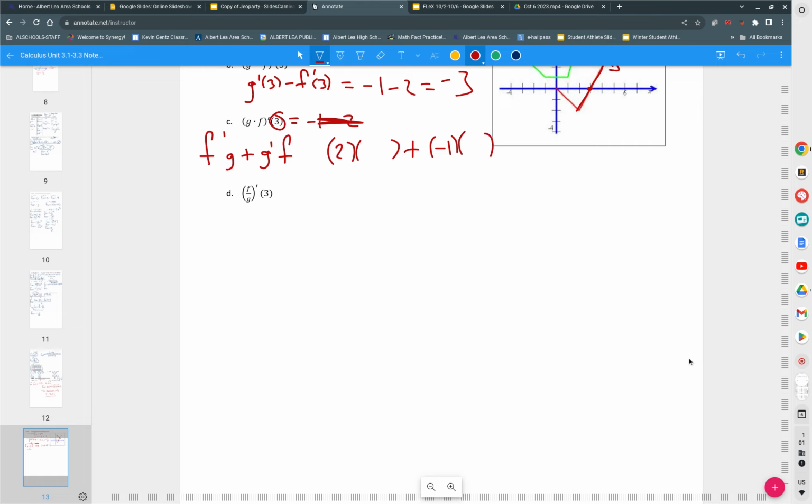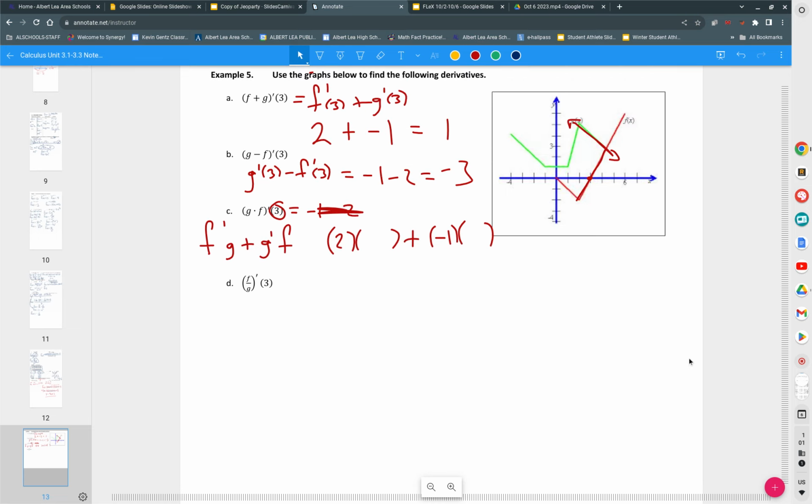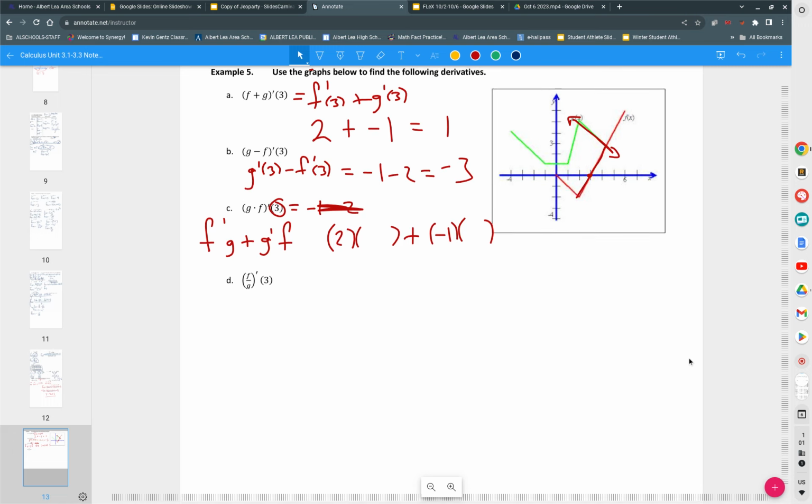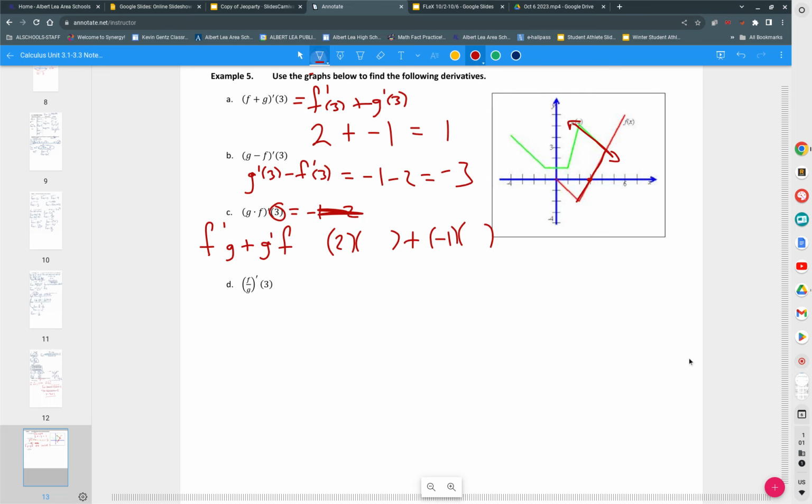So g of 3 is the function height of g at 3. What's the height of g at 3? Yeah, I'm going to say that's 4. And then f height at 3, 0. Isn't that great when we come up with the 0?